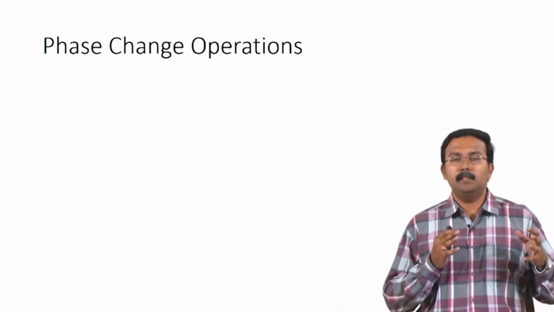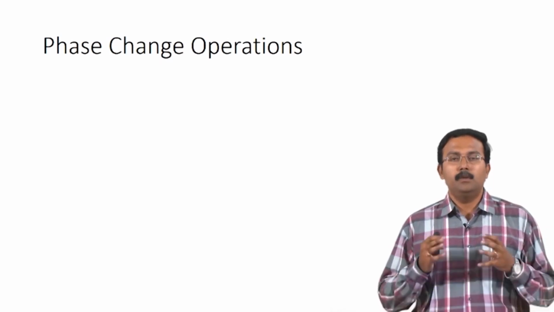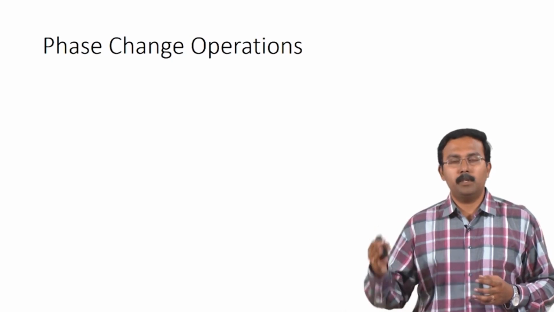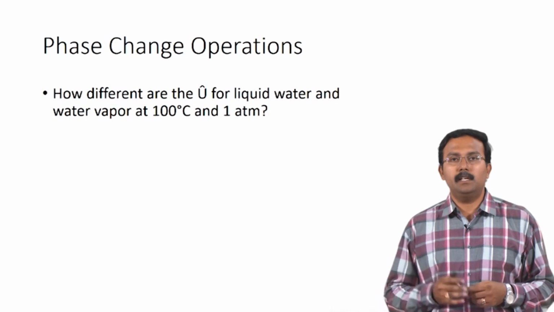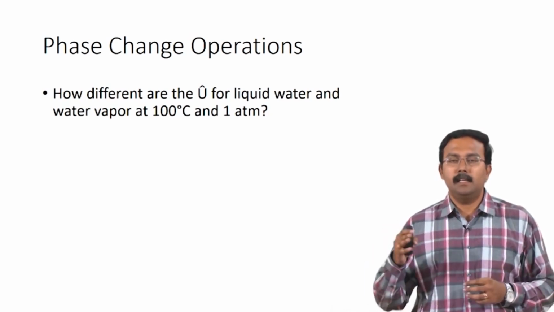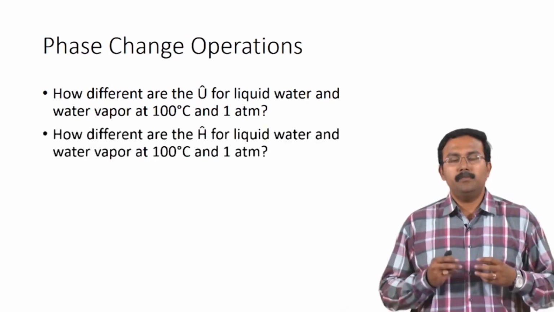When you compared the specific internal energy for liquid water and water vapor, you saw that the specific internal energy for water vapor was higher. Now, calculate the numerical difference between the specific internal energy of liquid water and water vapor at 100 degrees Celsius and 1 atmosphere. Do the same thing for specific enthalpy. Which of these is higher?